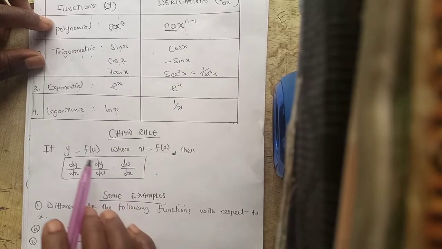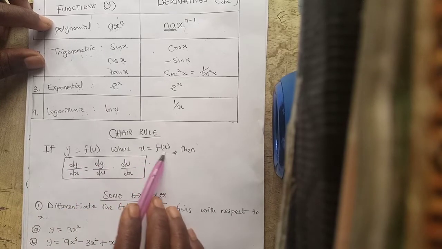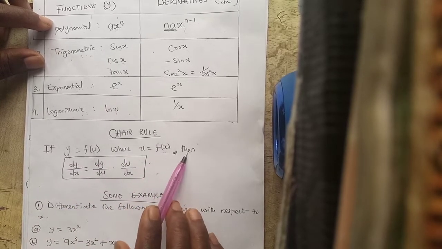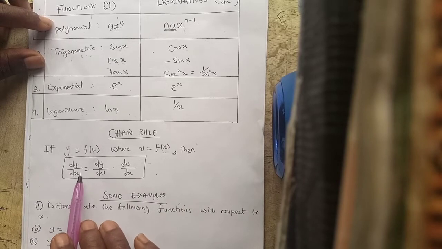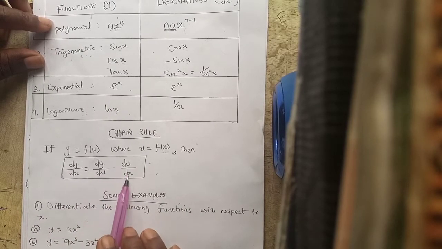Let me come again. Chain rule states that if y is a function of u, where u is a function of x, then dy dx is equal to dy du multiplied by du dx.